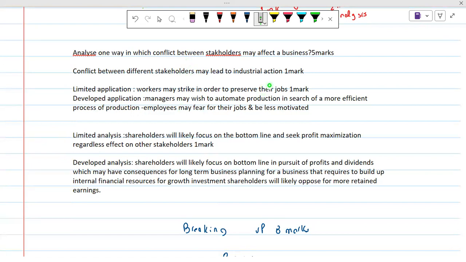Okay. So in analysis, you should make the change and try to link your change with the business objective. Okay. So here you can see that this is a developed analysis. If you want to learn how to write analysis and how to write evaluation, I will give you one of my individual class links.